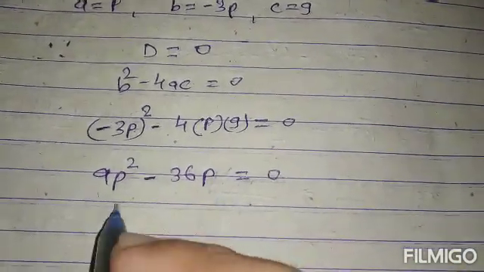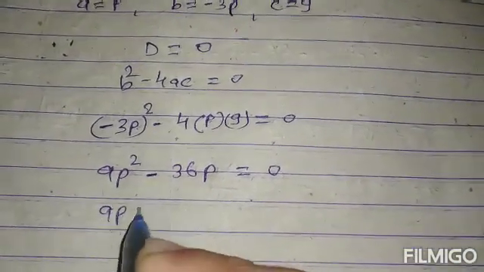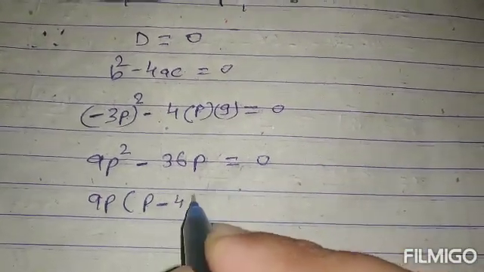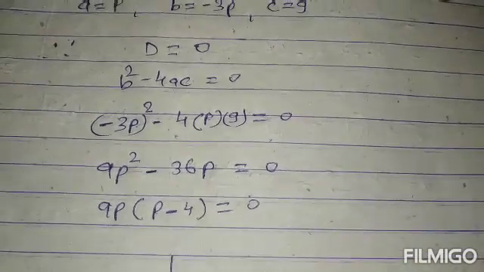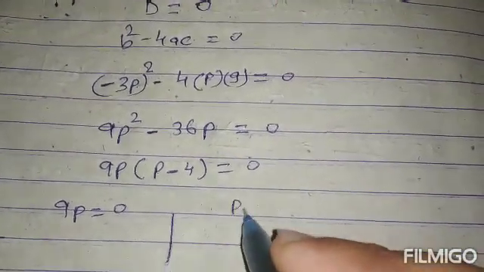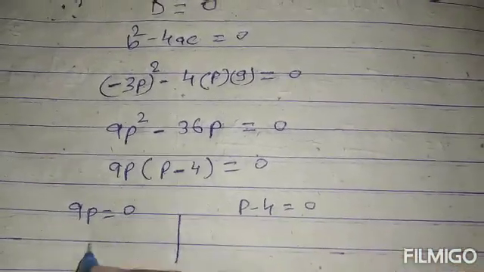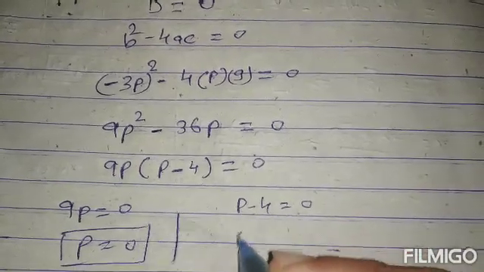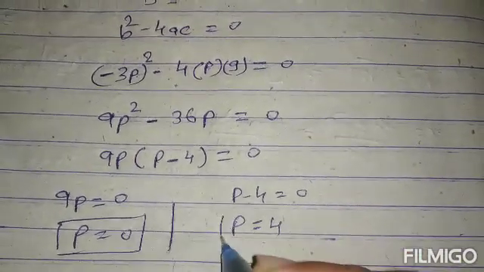Now it is very clear that 9p is common. Therefore, inside there will be p minus 4, since 9 fours are 36, equals 0. Therefore, 9p equals 0, or p minus 4 equals 0. Therefore, p equals 0 or p equals 4.